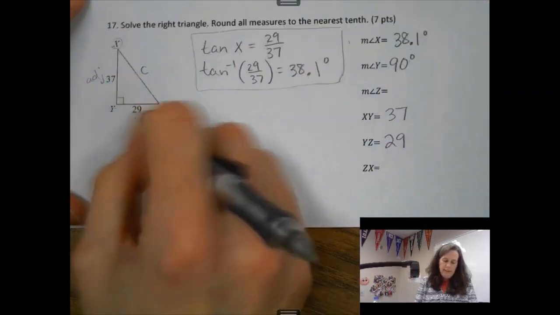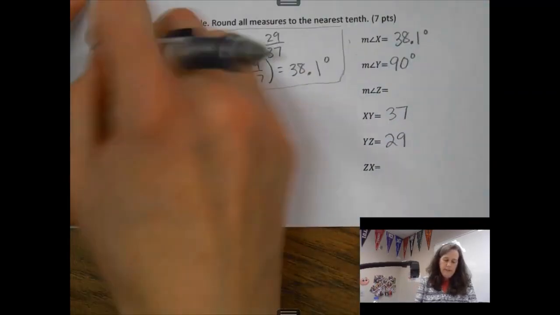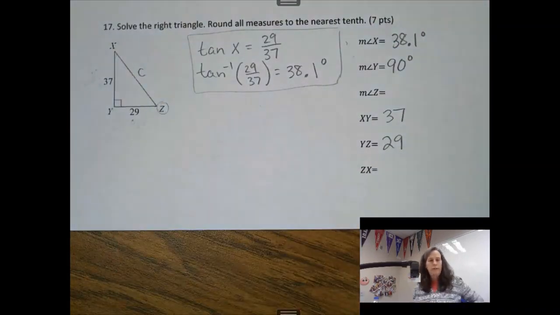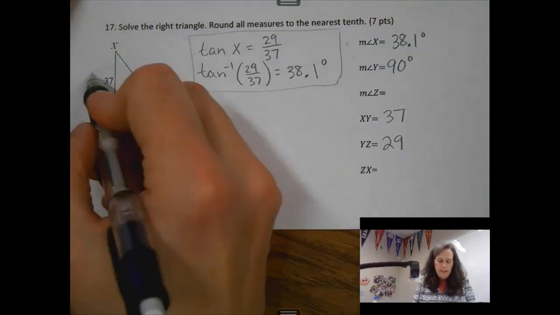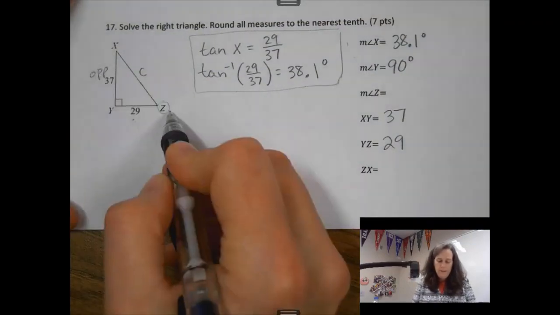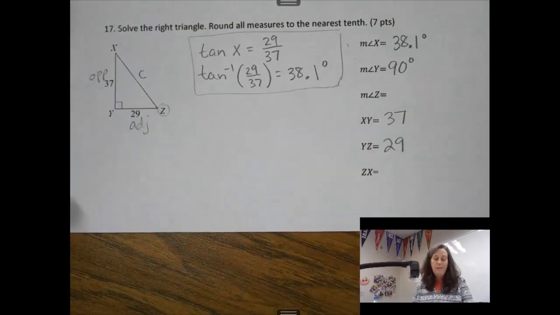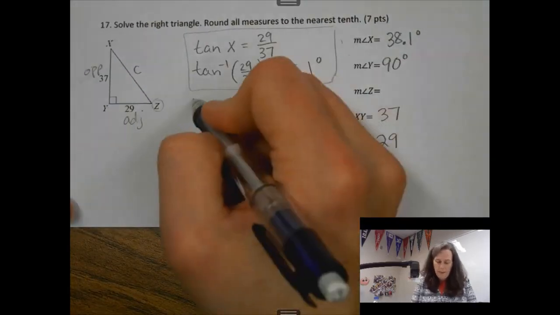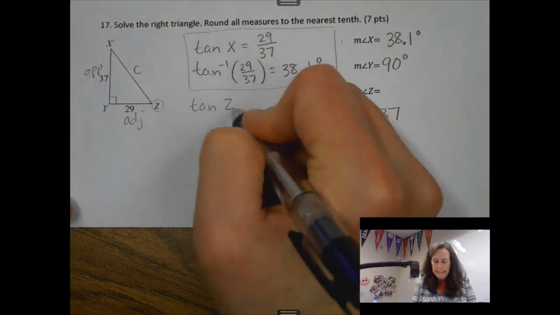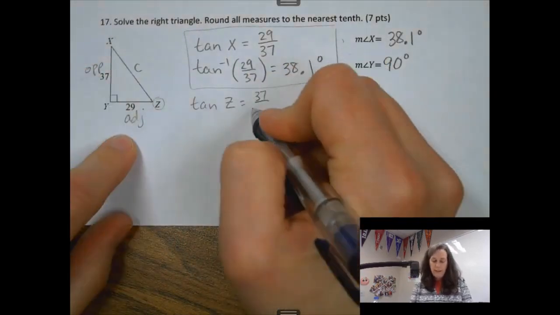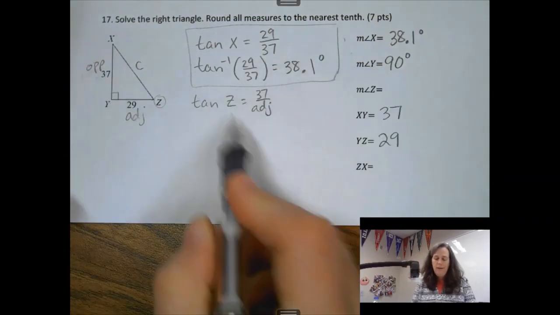I want to erase this. If this is the anchor I'm working from, now this side's opposite, this side's adjacent, and I still want to do tangent. The tangent of z is opposite over adjacent.